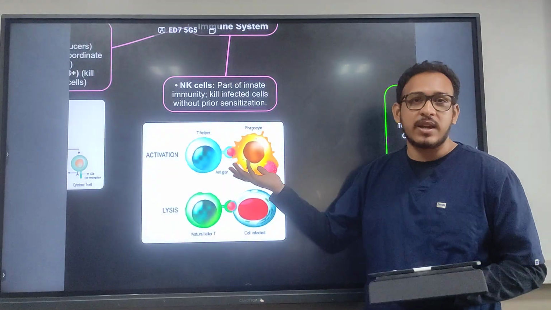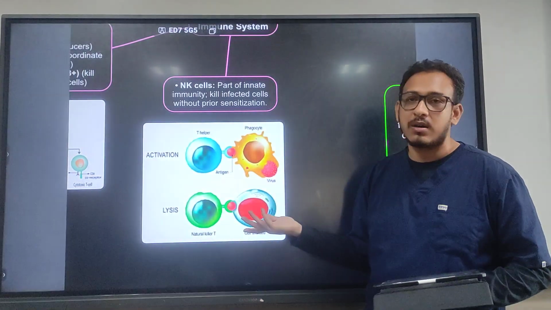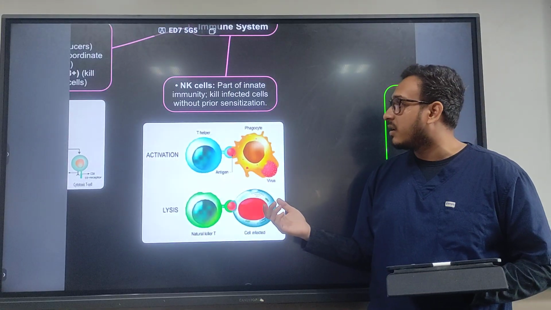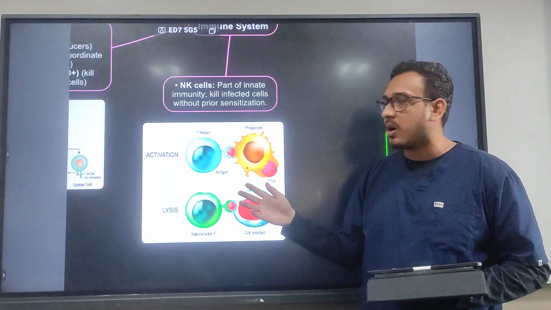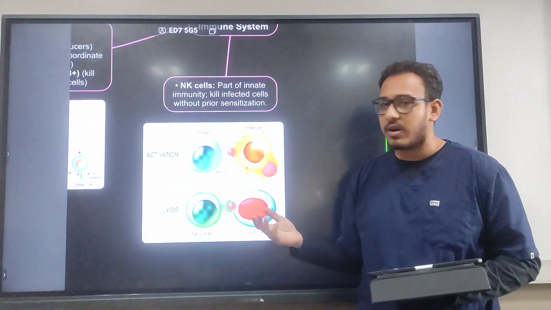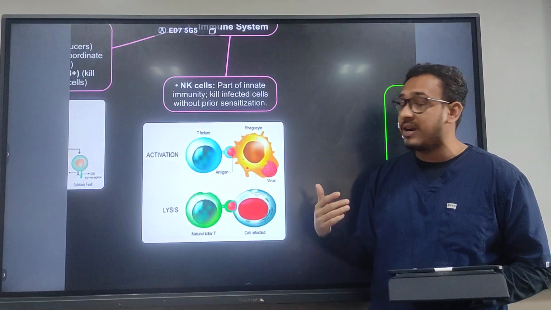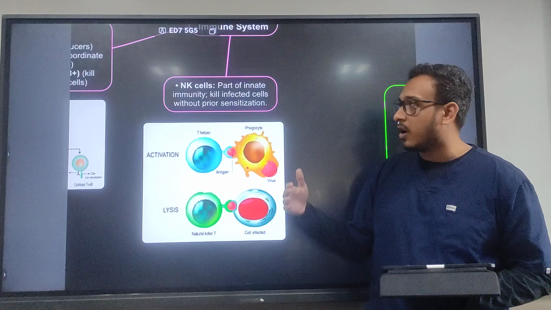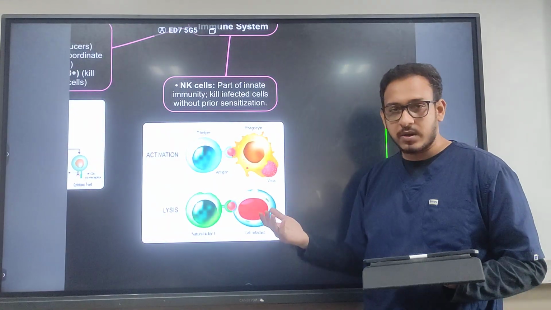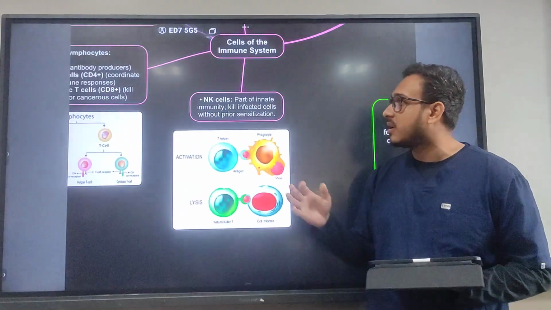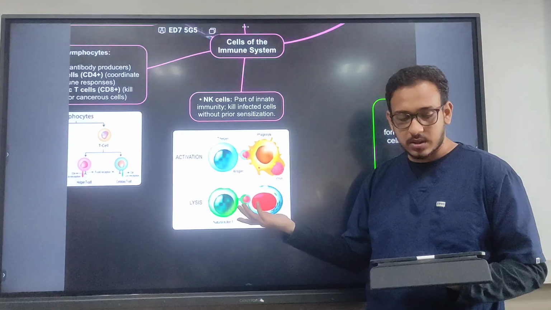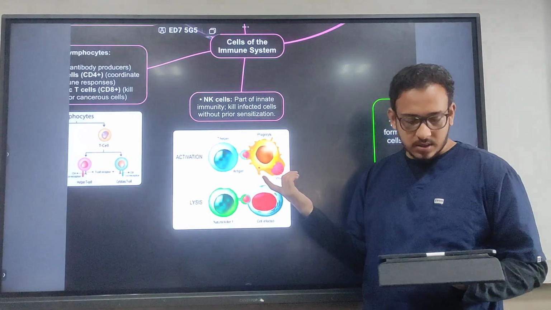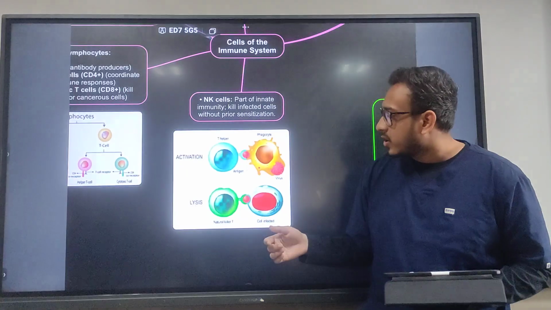function, as the name says, is to kill pathogens, and they are the first response whenever any foreign bodies enter our body. When pathogens pass the physiological barriers, these cells kill them without prior sensitization.